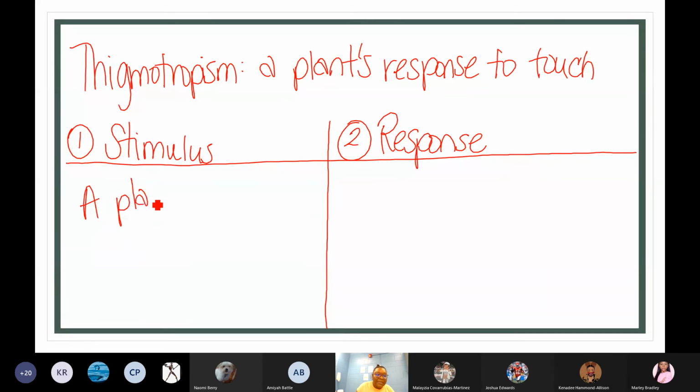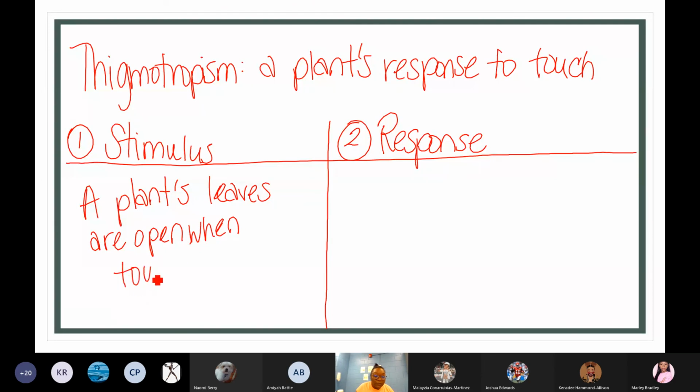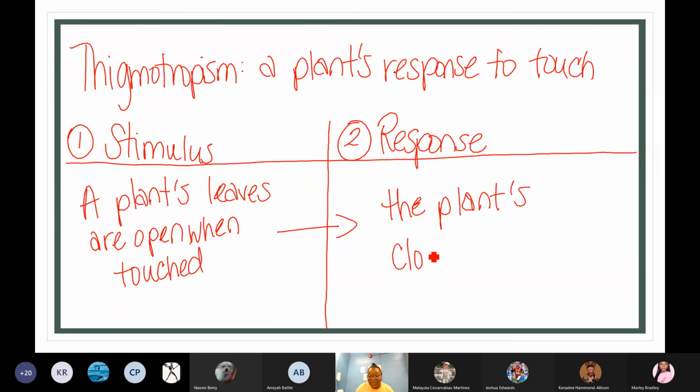A plant's leaves are open. When touched, the plant's leaves close in response to that touch.